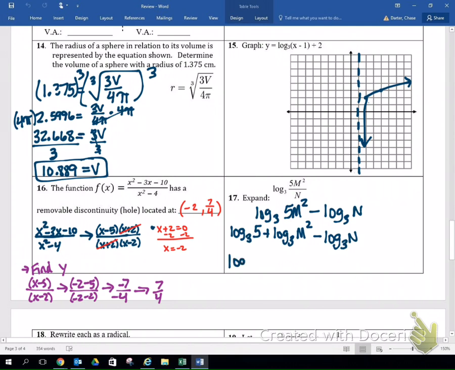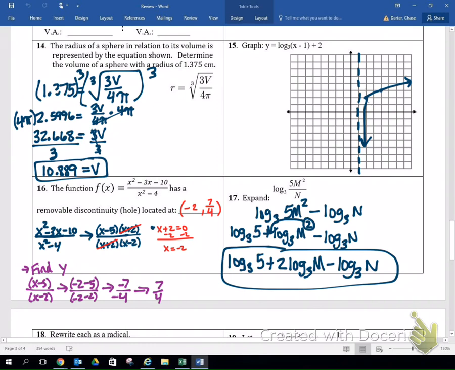Then I can't do anything to log base 3 of 5, so that's going to stay. The exponent property means this exponent can come out front of my log. So this is all three properties in one question. And then that's going to be my final answer.